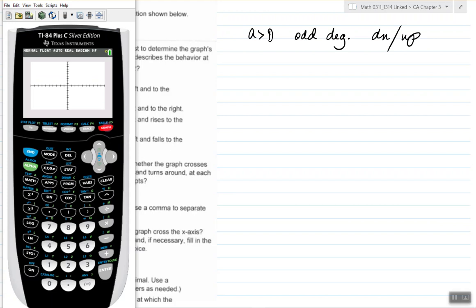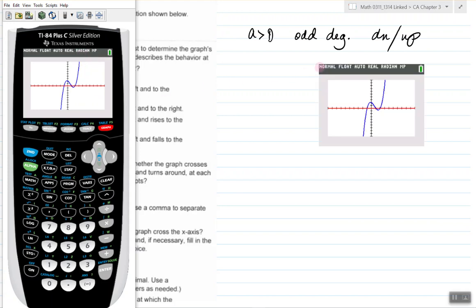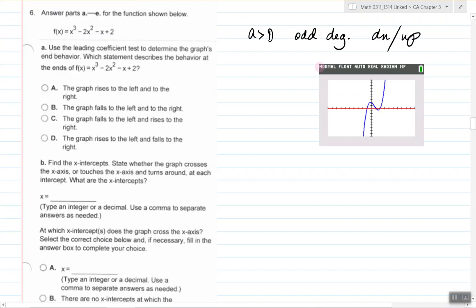Is the behavior correct? All right, it is down on the left and it is up on the right. I'm going to grab the picture, put it right there so I don't always have to be looking at the grapher, and it falls to the left and rises to the right.